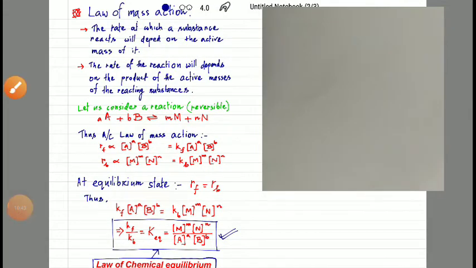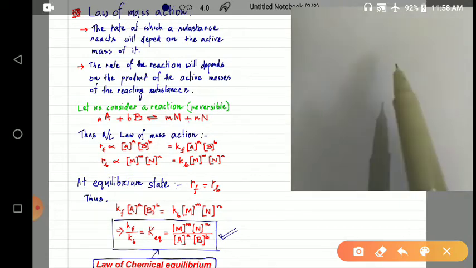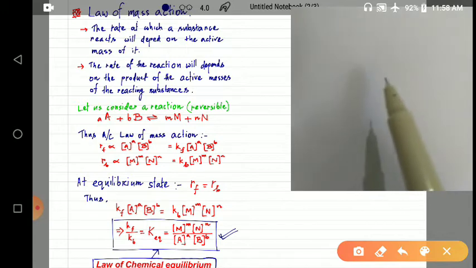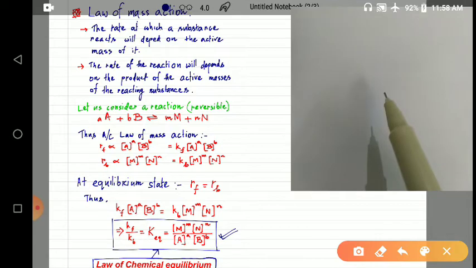Now we are going to discuss the law of chemical equilibrium. We have to derive the law of chemical equilibrium, that means a law which is derived for a chemical equilibrium process. We have to derive that equation by using thermodynamic concepts.